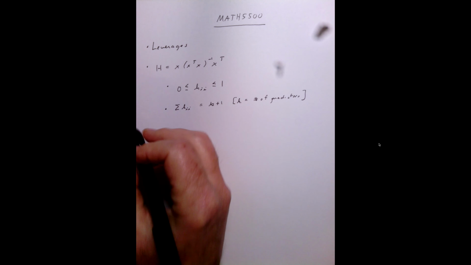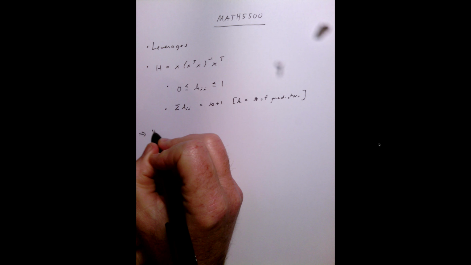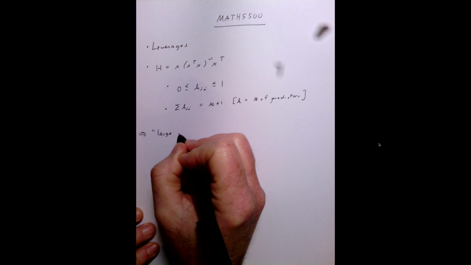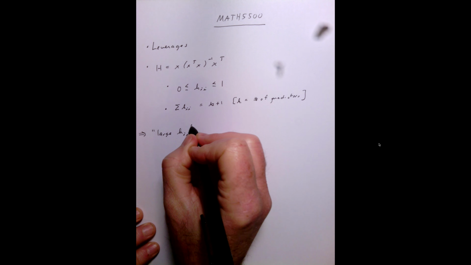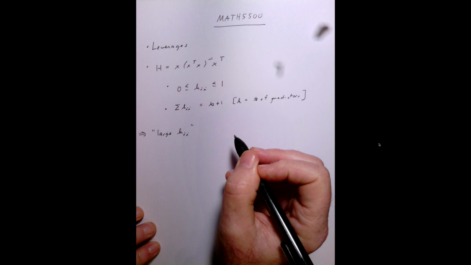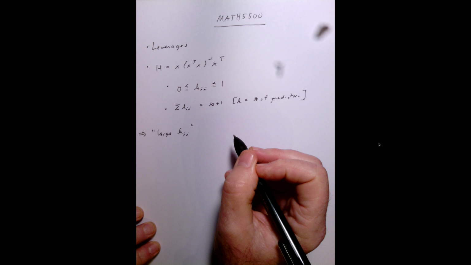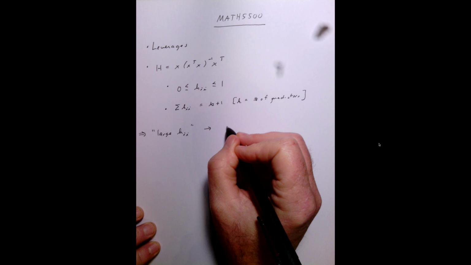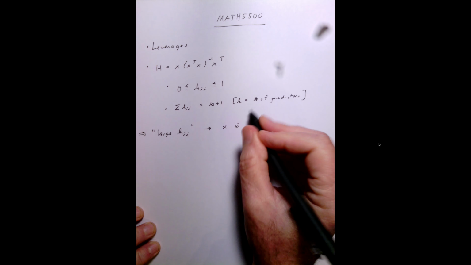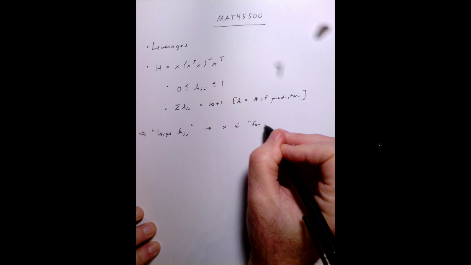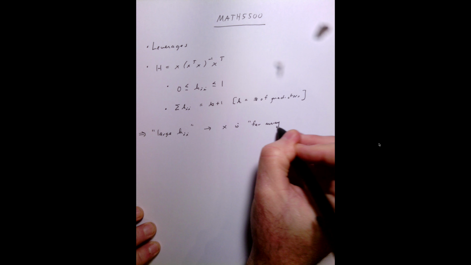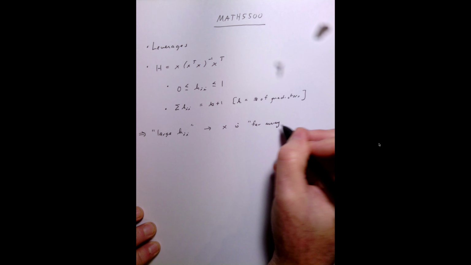In other words, what we can conclude here is that a large diagonal value from the hat matrix indicates that x is far away. Well, that's the ugliest "away" I've ever written in my life, but at least I'm speaking it, is far away from the mean of the x's.